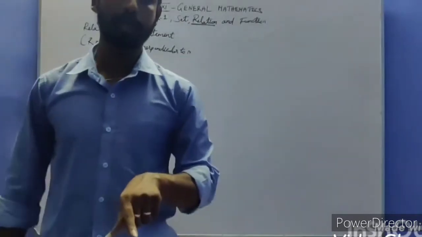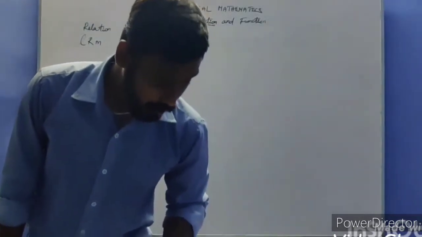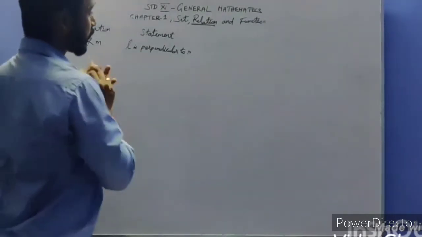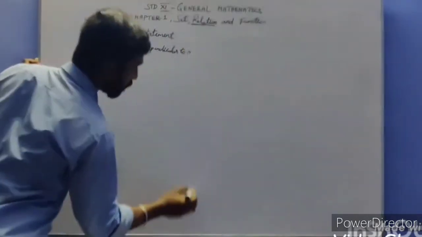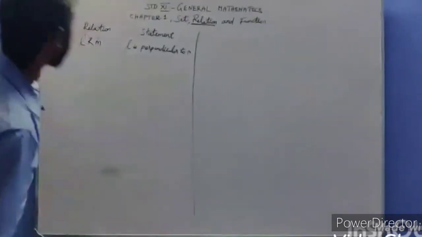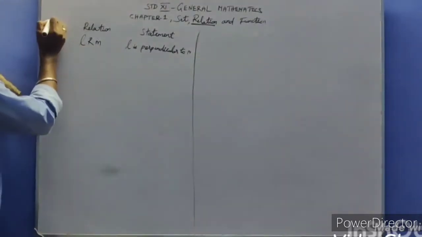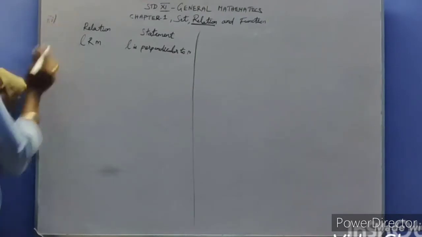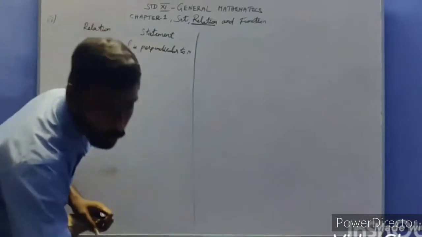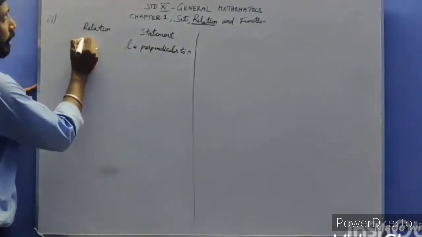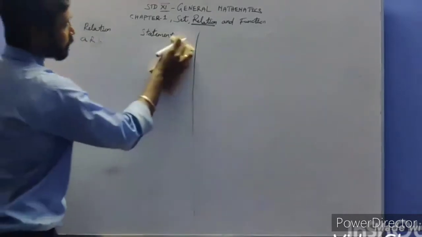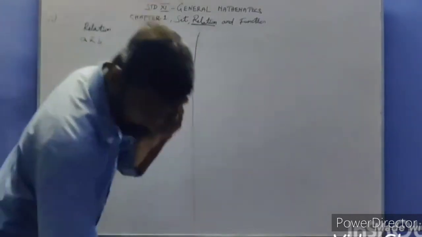A is not a sister of B. First we have to write the relation, then we have to write the statement. A related to B.